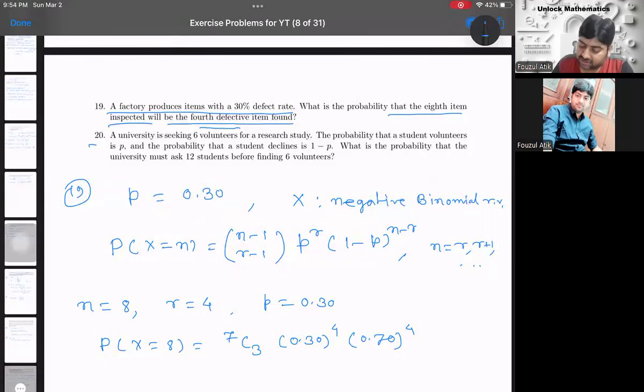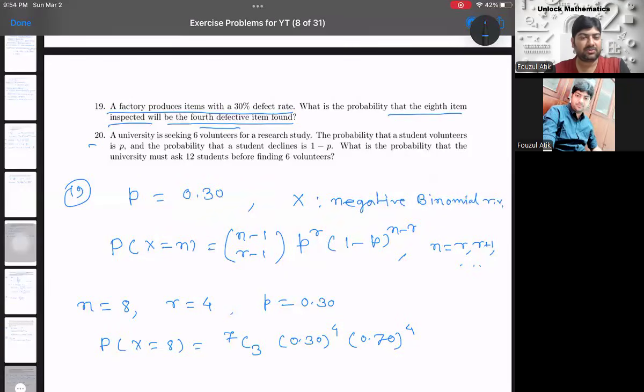And a similar question, in question number 20: a university is seeking 6 volunteers for a research study. The probability that a student volunteers, that a student agrees, is p, and the probability that a student declines is 1 minus p.